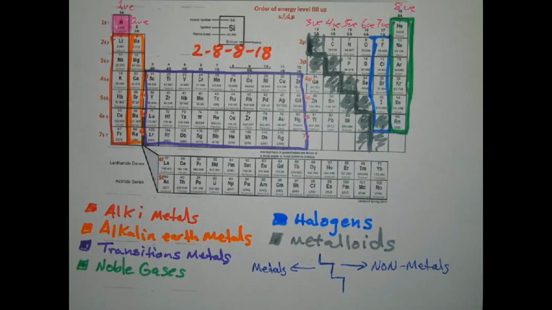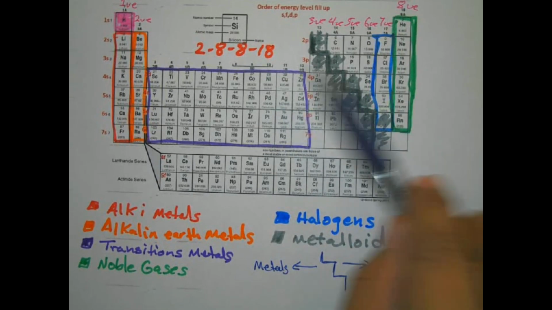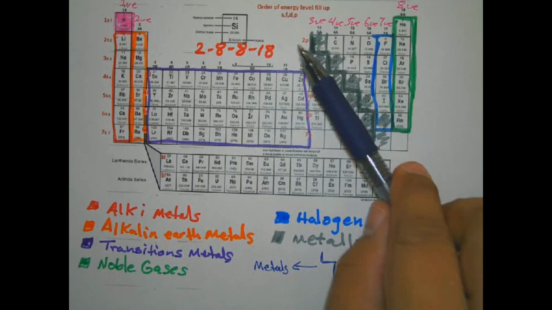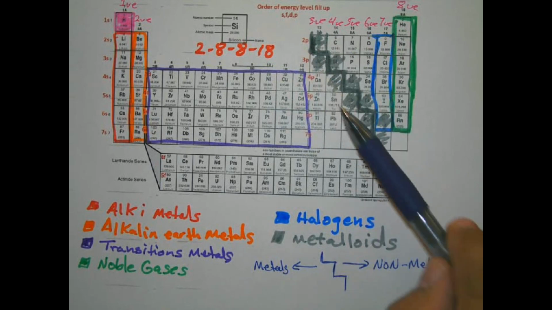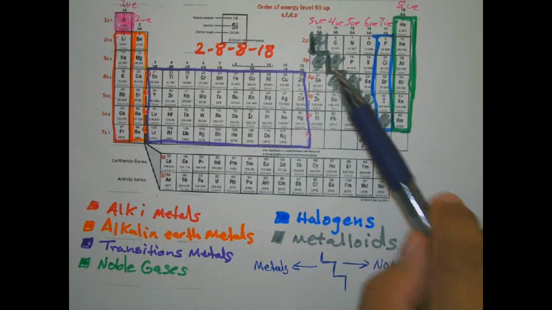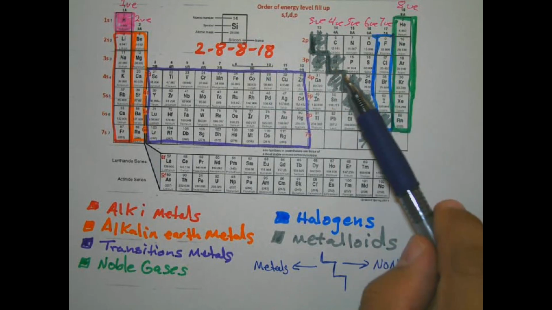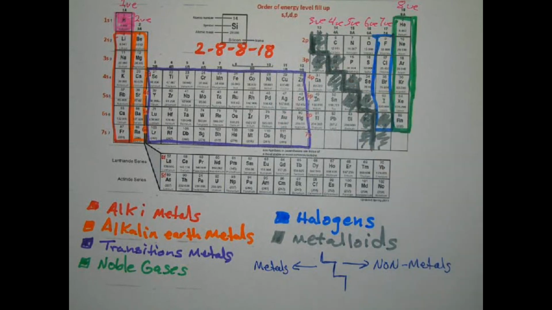They kind of act like metals and they kind of act like nonmetals, which makes sense because they're in that transition period between metals and nonmetals, right? So that's what the metalloids are, found at that transition point where we go from metals to nonmetals. So these guys in the middle who touch the line kind of have characteristics of both.